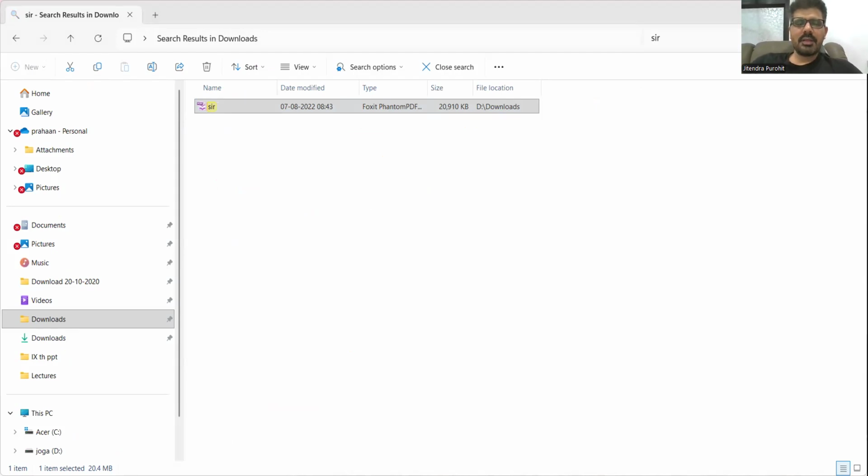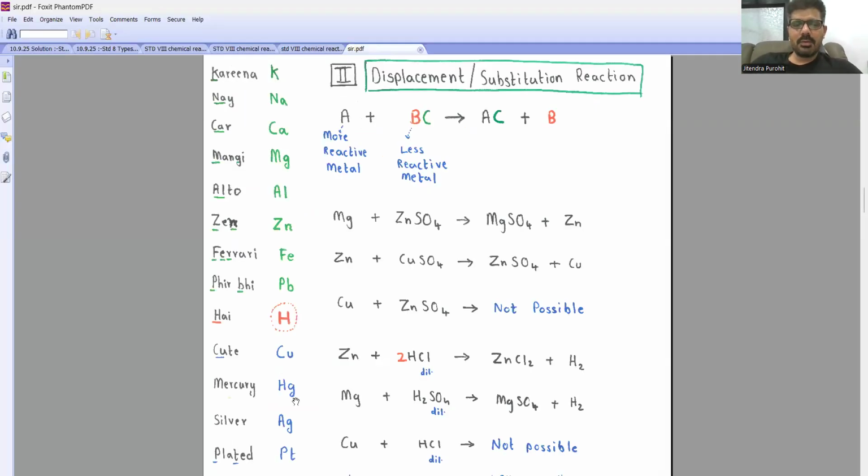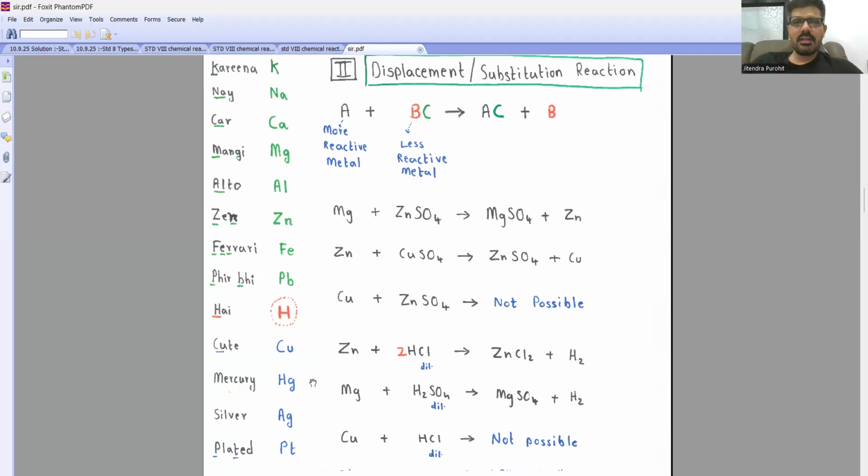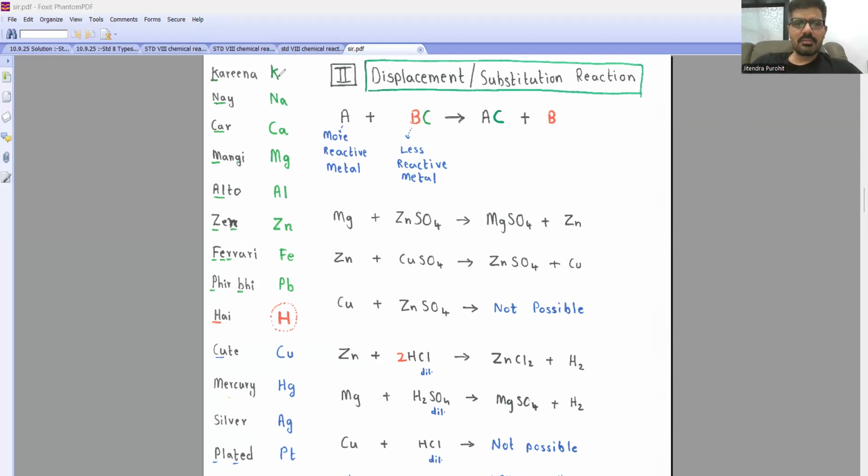So who is the most reactive, beta? The element which is above in the reactivity series is the most reactive, potassium. So the above one can displace the lower one but the lower one cannot displace the above one. That is the logic. Are you getting it, right?